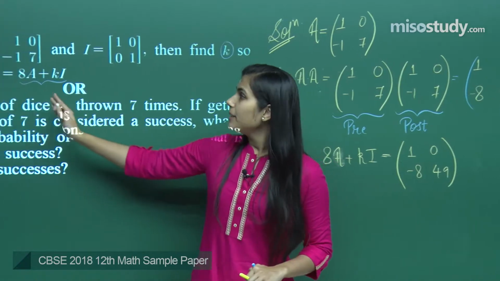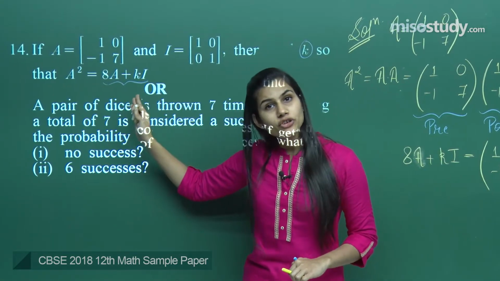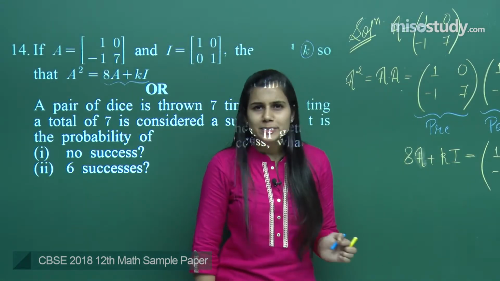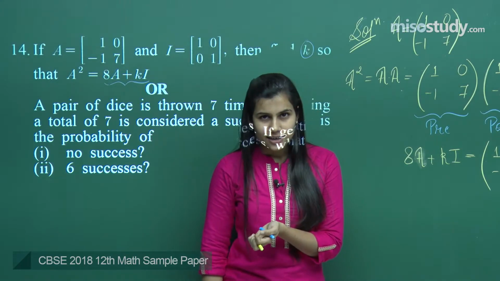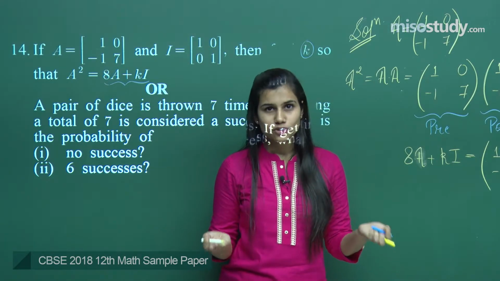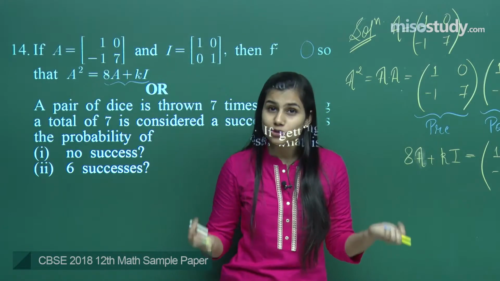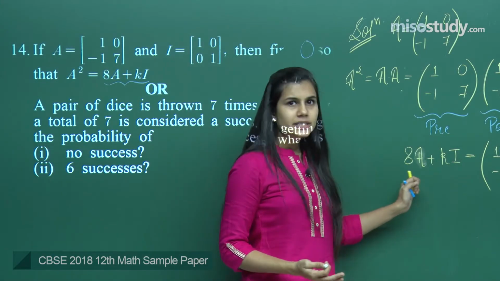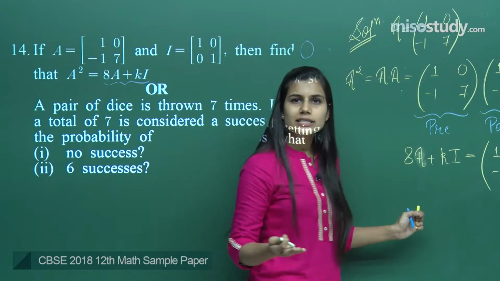So how do you multiply a scalar with a matrix? The idea is very simple. Basically, you pick up that scalar and you multiply it with every element of the matrix. That's it. And you obtain a new matrix which is 8 times the original matrix. Very easy concept.